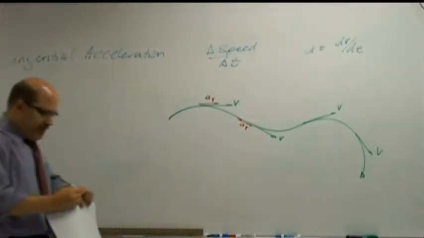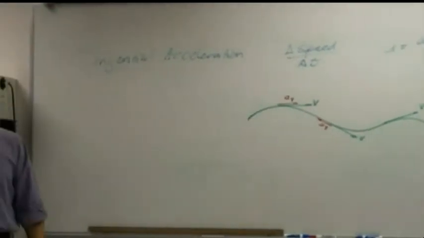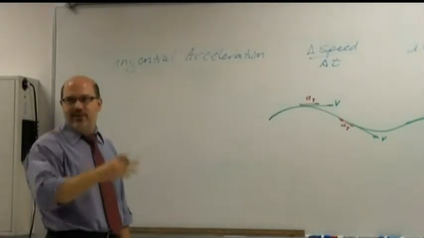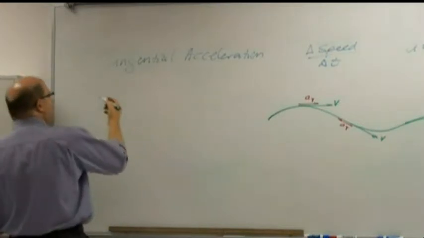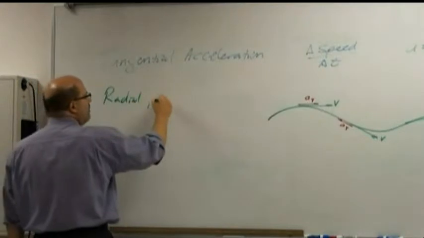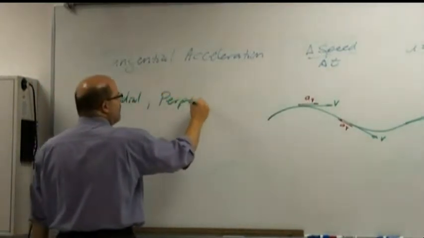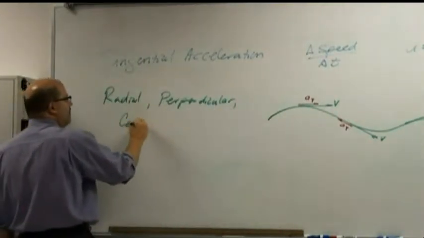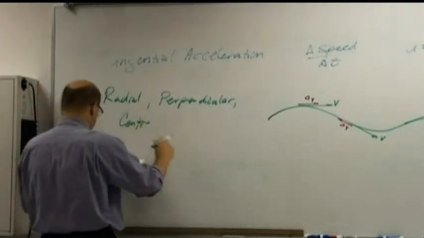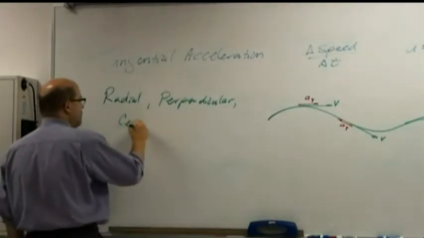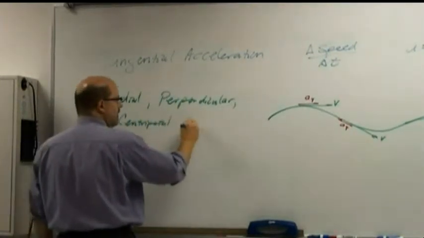Then in Physics B, or pre-AP or first year physics, we start talking about centripetal acceleration, but most times it doesn't sink in for a little while. We have this radial, or perpendicular, or better yet, centripetal acceleration.